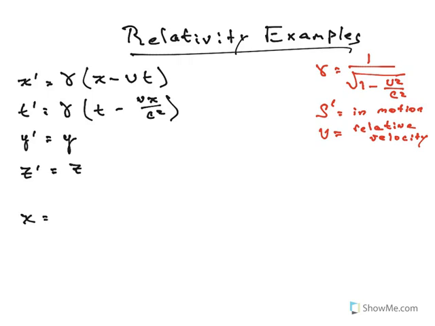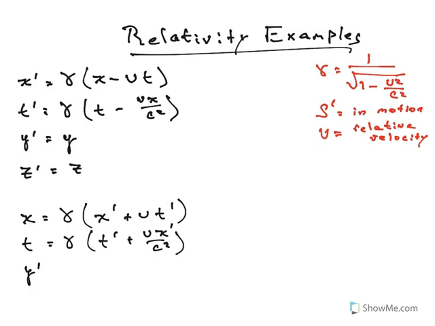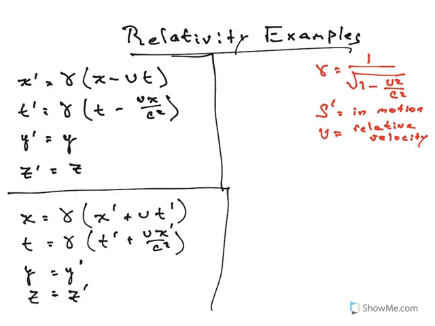So x is gamma times x prime plus ut prime. t is gamma times t prime plus ux prime over c squared. And then y and z don't change, obviously. Okay, so there we go. There are the two transformations, depending on which coordinate system you're trying to calculate.